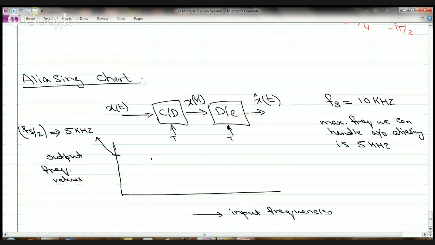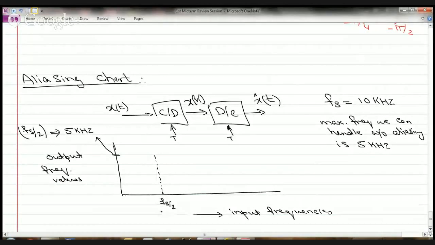And up to 1/2 of your sampling frequency, fs over 2 or 5 kilohertz, the output frequency is exactly the same as the input frequency. This is supposed to be a straight line, so let me try it one more time.